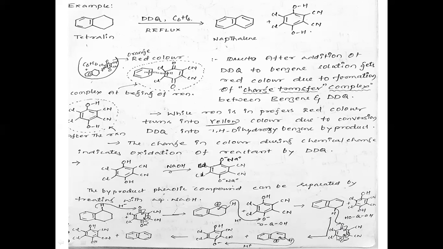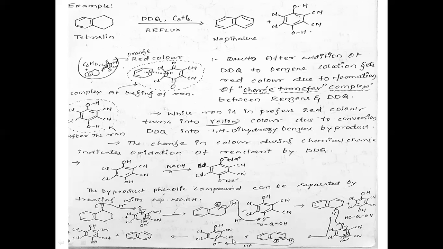Now another DDQ, another equivalent of DDQ, comes into action. Now this abstracts hydrogen in the form of hydride from this benzylic position. Then the benzyl carbocation is formed, and this is the partially reduced DDQ in the form of oxide. The oxide abstracts a proton from the alpha position of the benzyl carbocation.